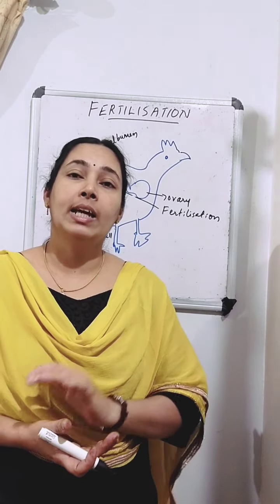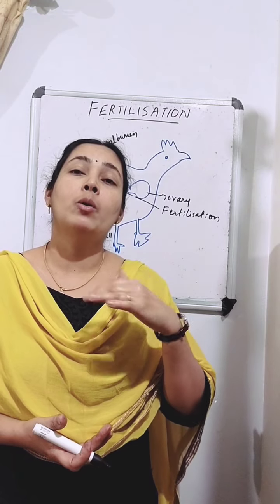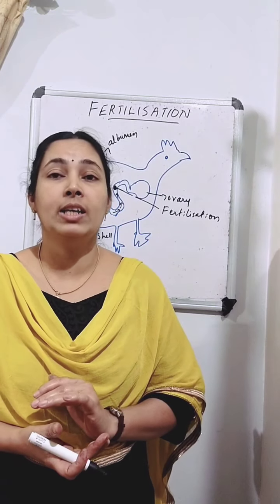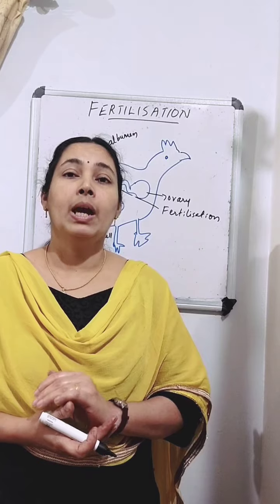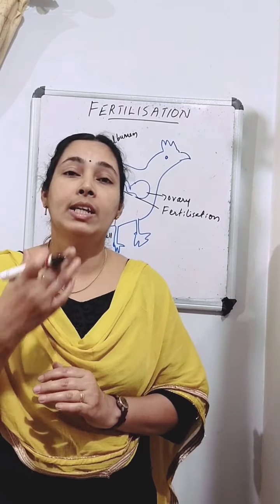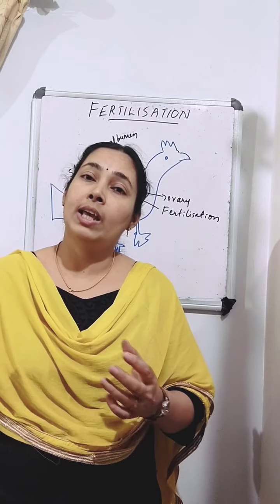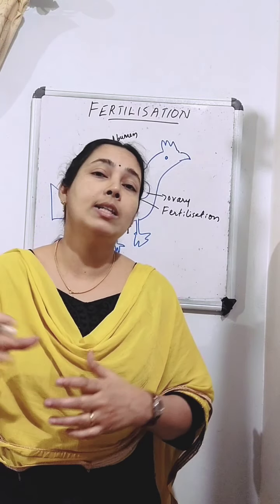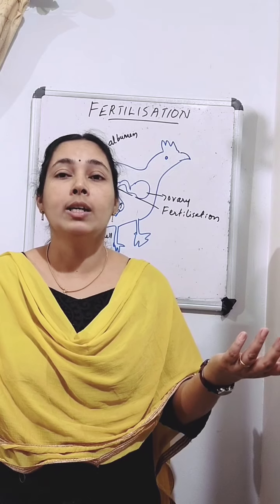After laying the egg, the embryo takes about 3 weeks, or about 21 days, to develop into a chick. And this embryo can develop into a chick only when sufficient heat is given. Otherwise, after laying the egg, if you collect and keep it somewhere else, it won't develop into a chick.